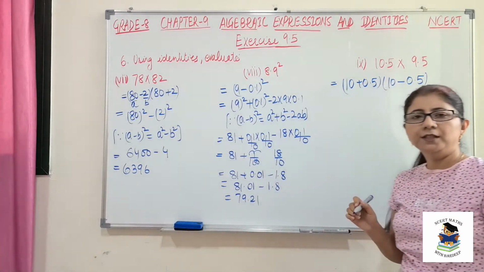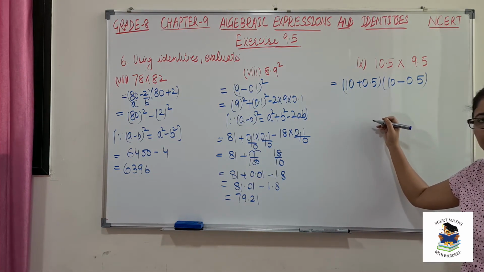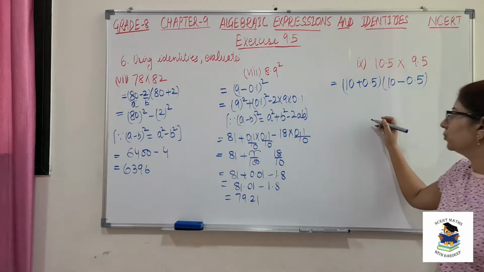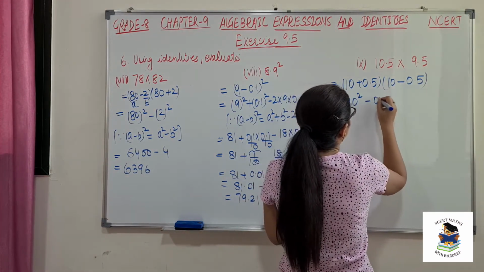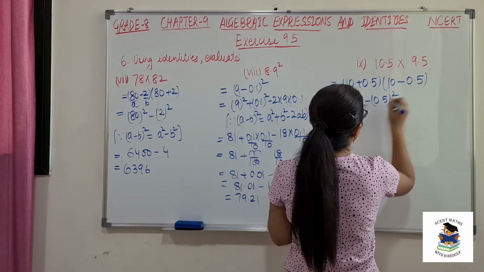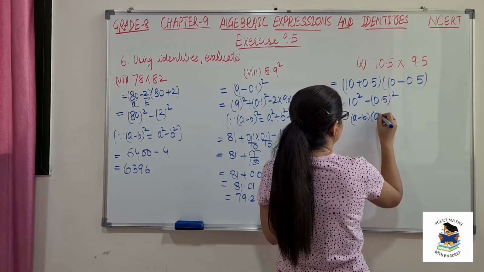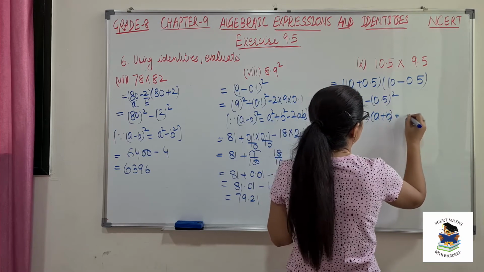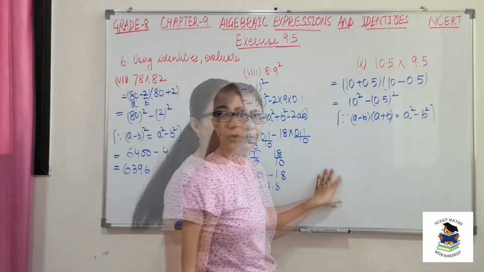So which identity? Same terms with opposite sign. So a plus b into a minus b is a square minus b square. So here we will write a minus b into a plus b is equal to a square minus b square.